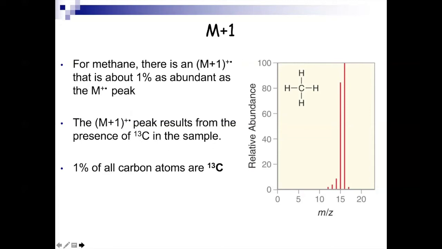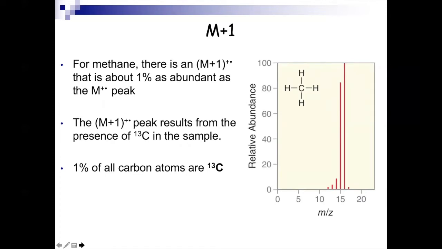It has one extra neutron. So the mass of that compound with the one carbon-13 incorporated is going to be 1 mass unit higher than the typical M+ peak. And because carbon-13 only has a natural abundance of about 1%, we see that the intensity of our M+1 peak is about 1% of the molecular ion.